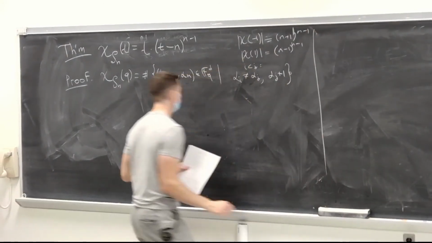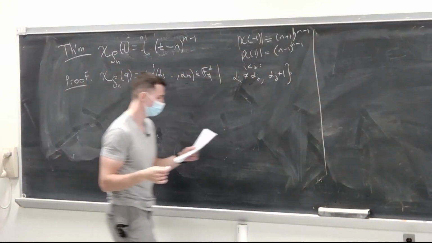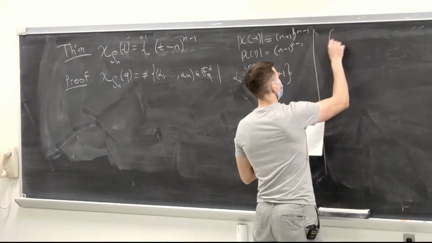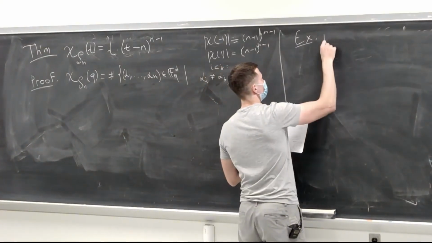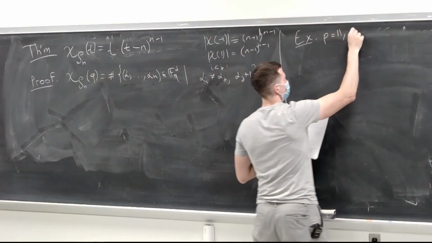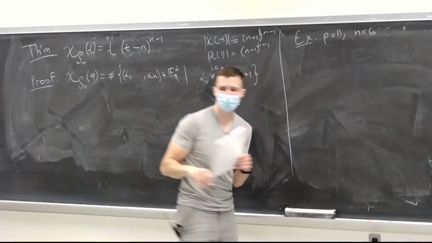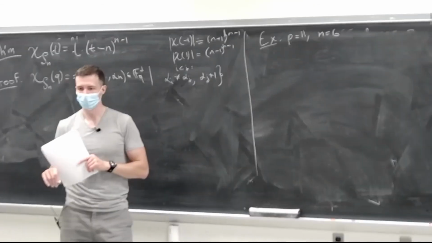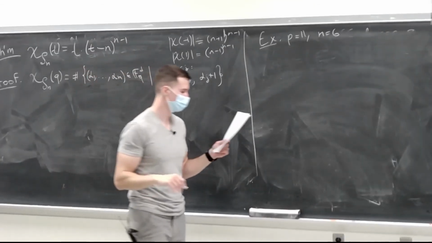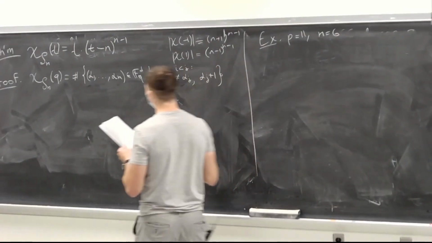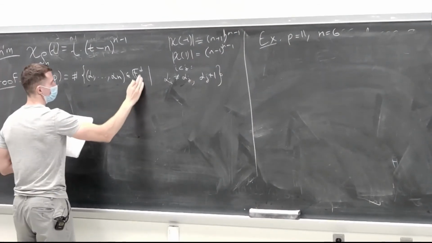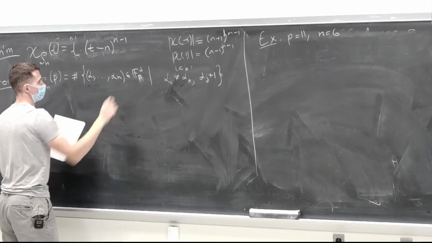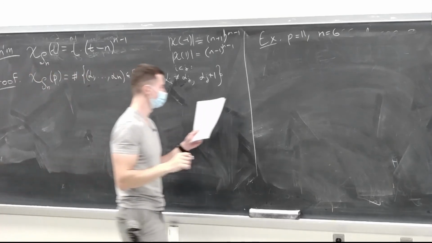I'm going to give you a proof. The proof is sort of tricky, so let me start with an example right away. Let's say I have an example where p is 11 and n equals 6. I'm going to draw the whole F. Instead of q, let me switch to p, otherwise I'm going to get confused.